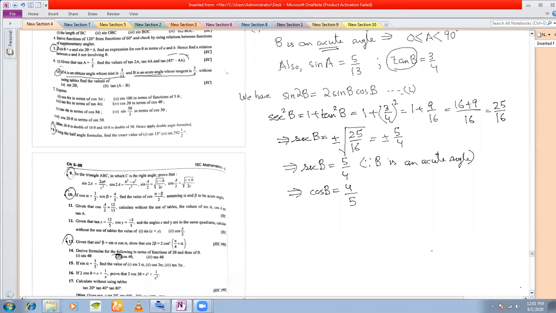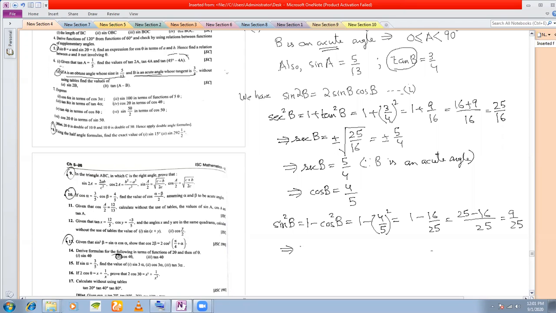Now once we have found cos B, we can find sin B. How? Sin square B is equal to 1 minus cos square B. 1 minus 4 by 5 square, which is 1 minus 16 by 25, which is 25 minus 16 by 25, which is 9 by 25.